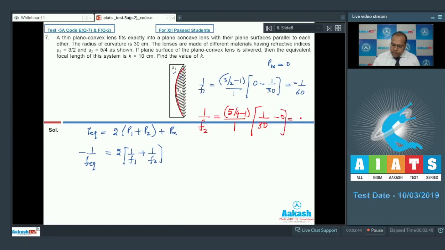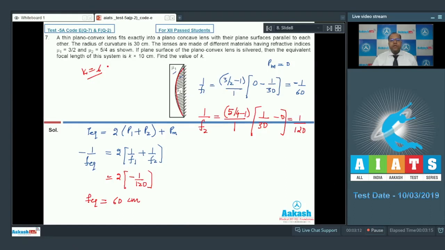On solving, it comes out to be 1 by 20. If I substitute this value here, this comes out to be minus 1 by 20. On solving, the value of F equivalent comes out to be 60 centimeter. On comparison, the value of k comes out to be 6. So the correct answer for question number 7 is 6.